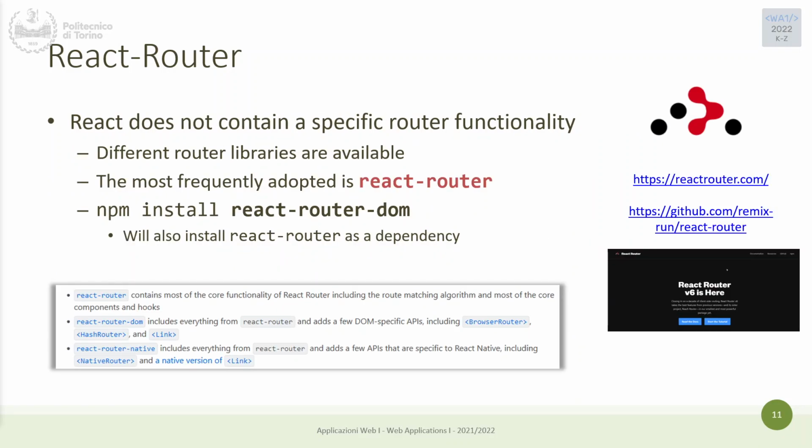Okay, so as I already said, or I never explicitly said that, we need a library because React does not contain a specific router functionality, so this is the reason why we need to import a different library. But this is typical of React philosophy.